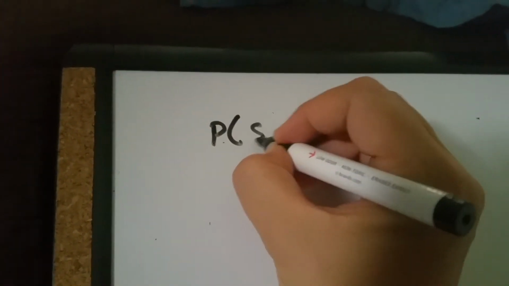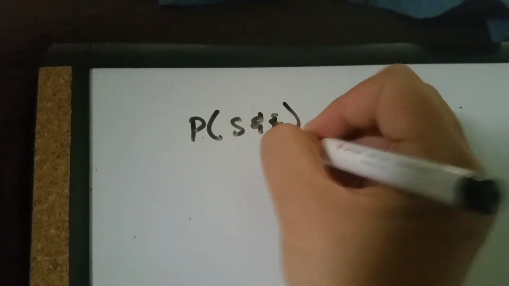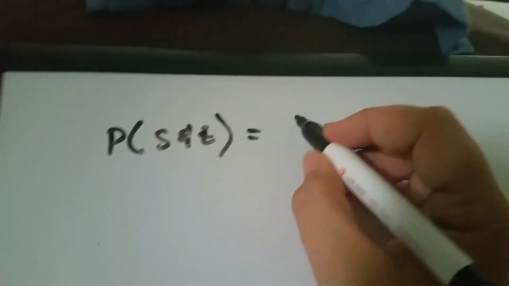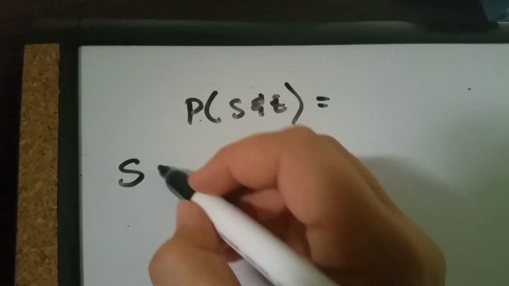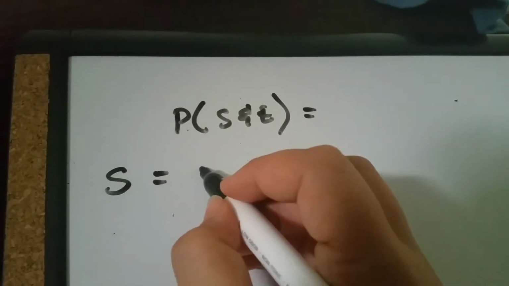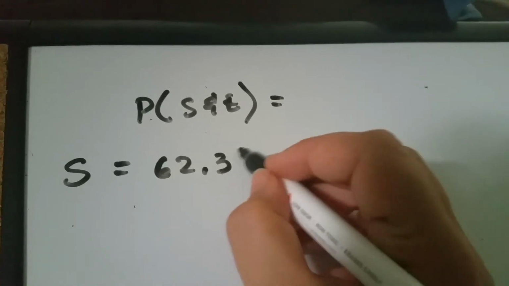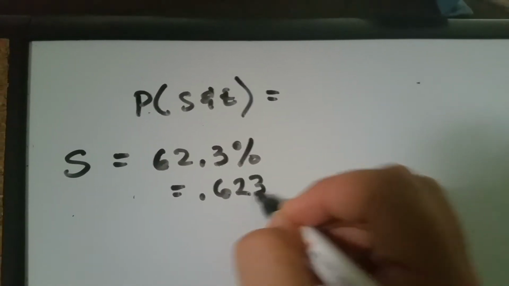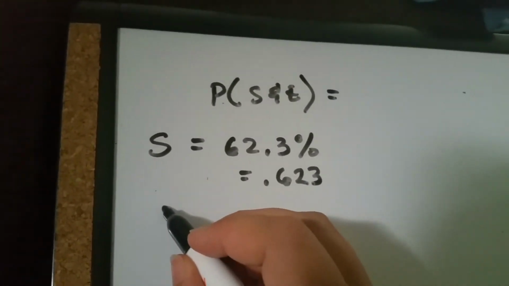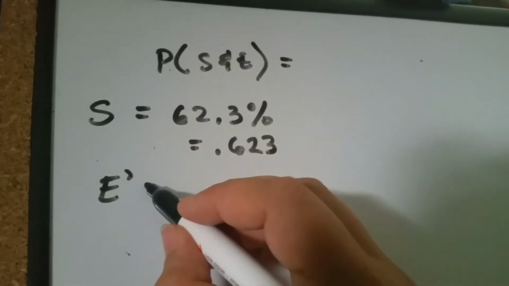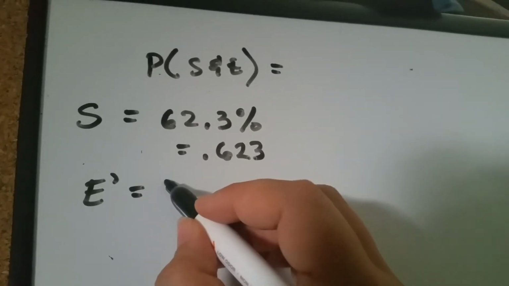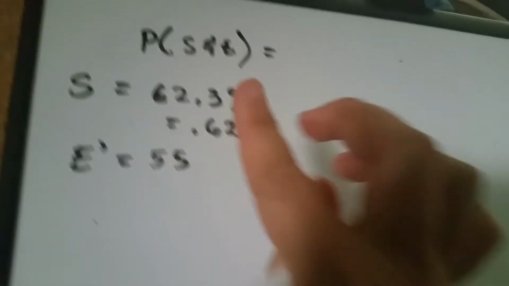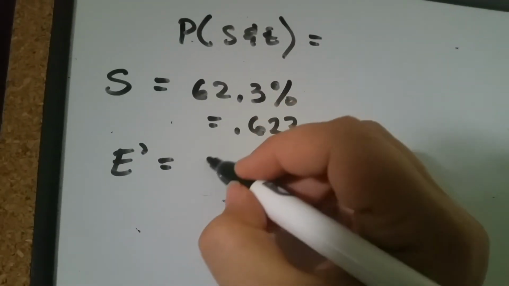Probability of S and E. Those who speak Spanish equals 62.3%, or 0.623. And those who do not speak English is 0.1957, we figured that out already.